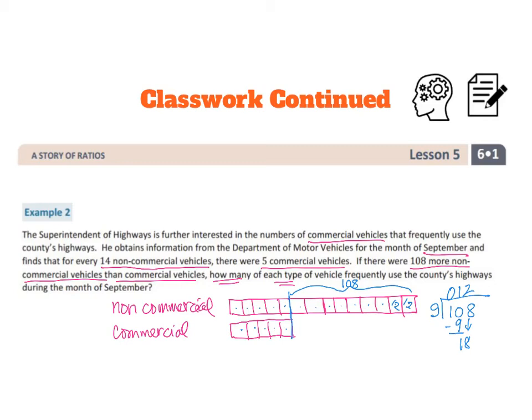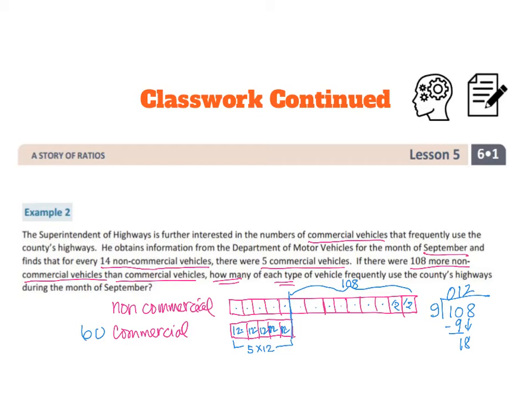So I've got each section equal to 12. So here's my 12, 12, 12, 12, 12. That looks like 72, doesn't it? Okay, so 1, 2, 3, 4, 5. So I've got 5 times 12. And I think we talked earlier, that is going to be 60.